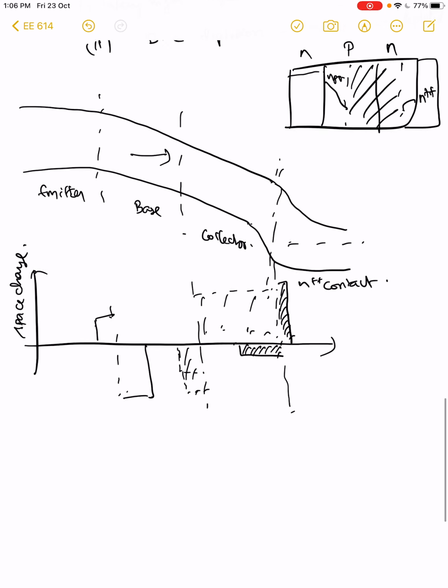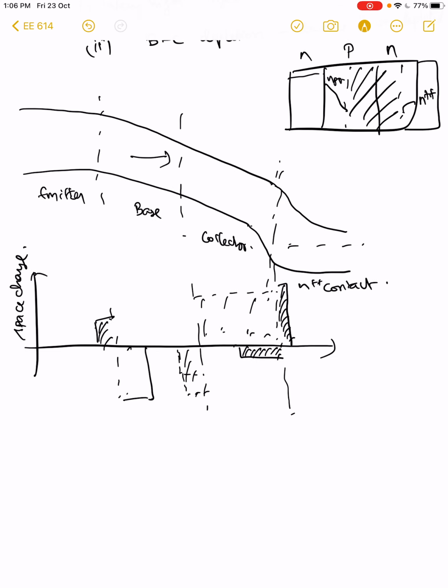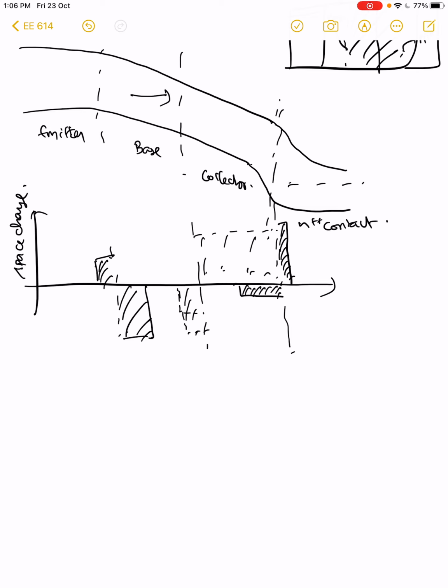So when you have the charge density like this in comparison to the actual charge density, which would appear like this, you can draw the electric field similarly from the Poisson's equation that we previously saw, right? And in the ideal case, you should have an electric field like this, right?